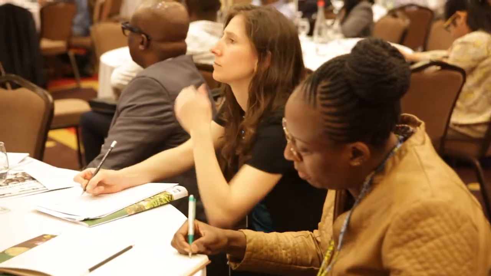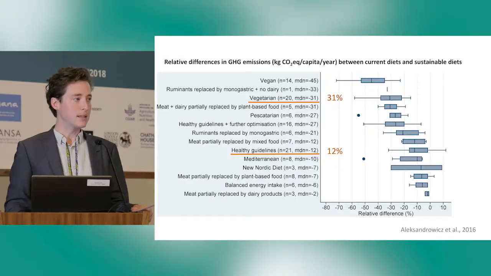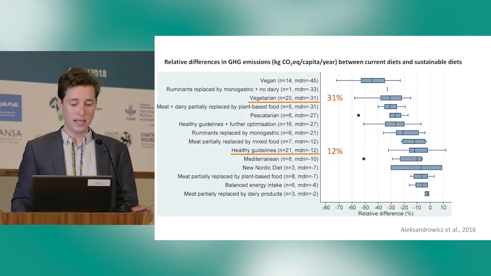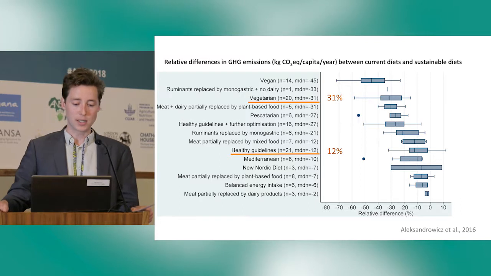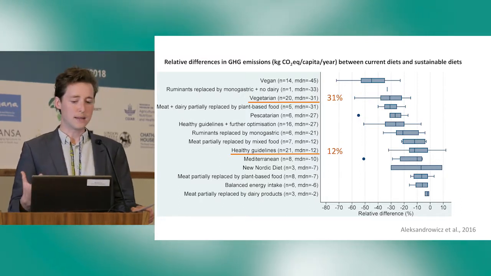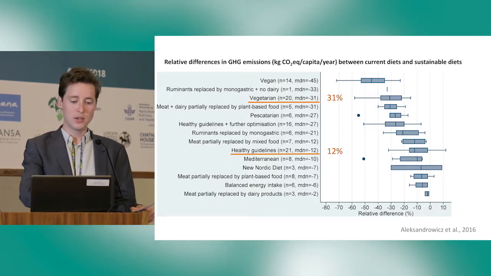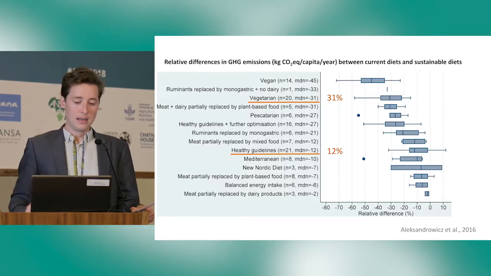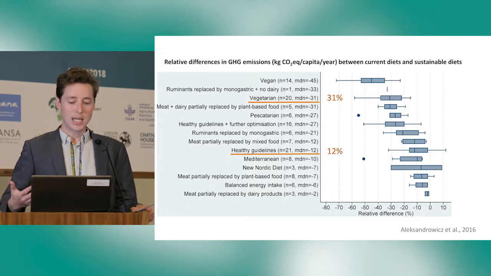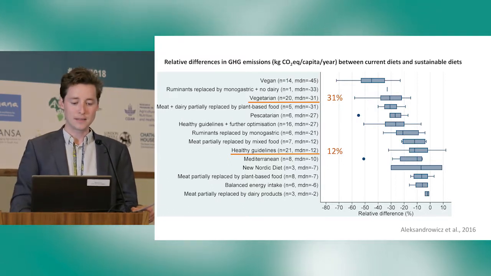And this, again, is a systematic review conducted by one of my colleagues, looking at a huge number of studies conducted almost exclusively in high-income countries. And he's drawn together all the available evidence on what happens if you change your diet from existing dietary patterns to one of a predefined list of potentially lower environmental impact diets.